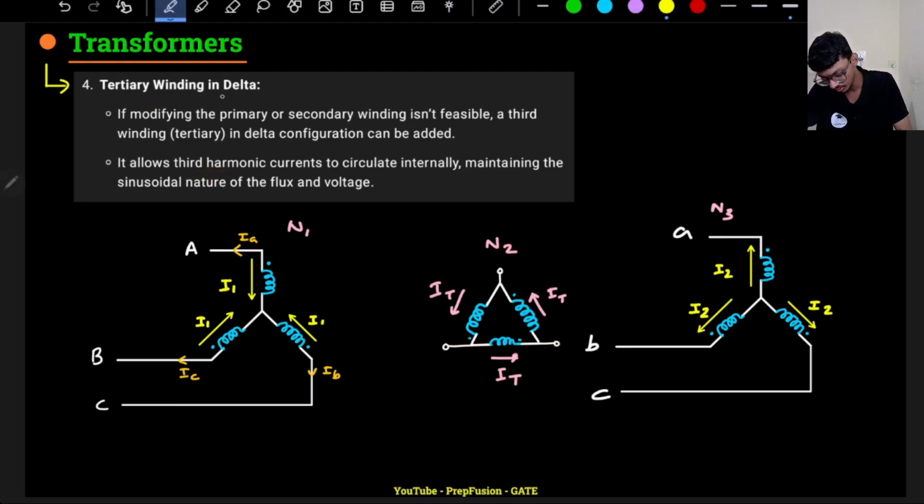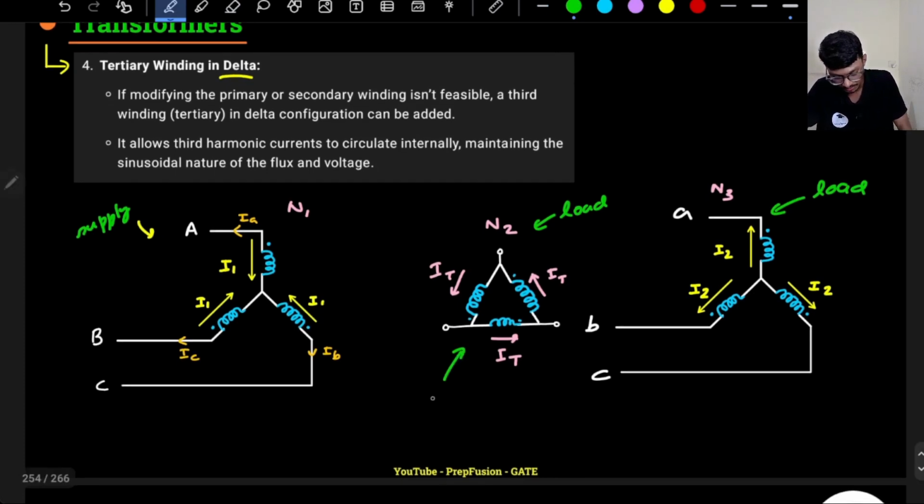The tertiary winding will be connected in delta, and let's assume this star as the supply, and this as the load, and this also as the load. Both of these two are load only. So what will happen is that you balance out the mmf, whatever you want to do. This delta will help reduce the third harmonics.